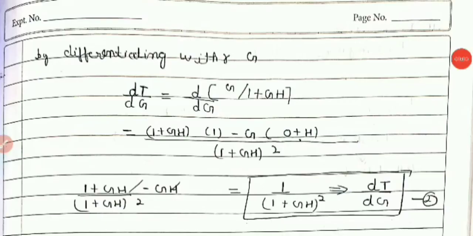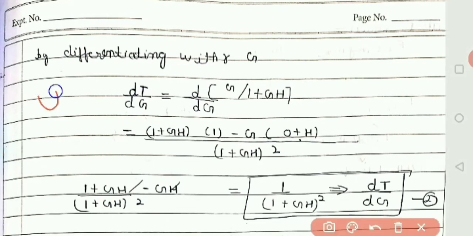Here v is 1 plus GH, into the differentiation of u.